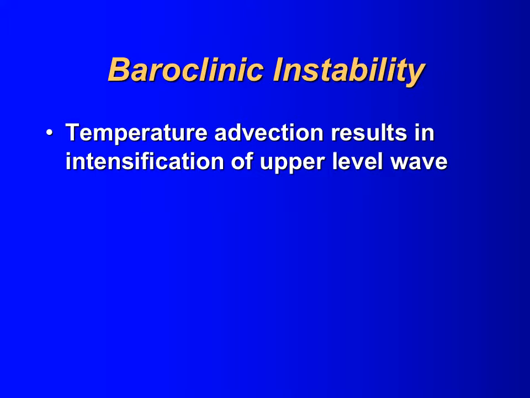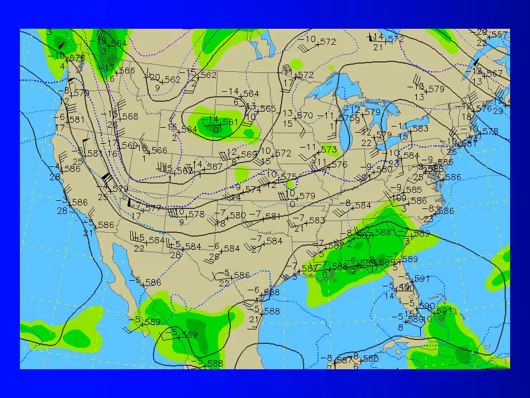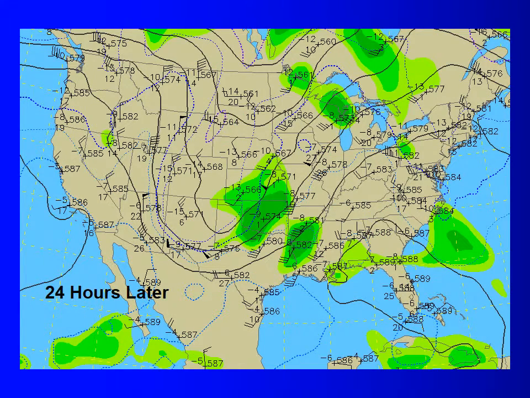And with strong temperature advection down low, you're going to see those thicknesses change. And this is what actually happens. You can see this on the weather map. This is a 500 millibar map, and you can see the trough and how it intensifies later on with cold air advection and those heights fall.